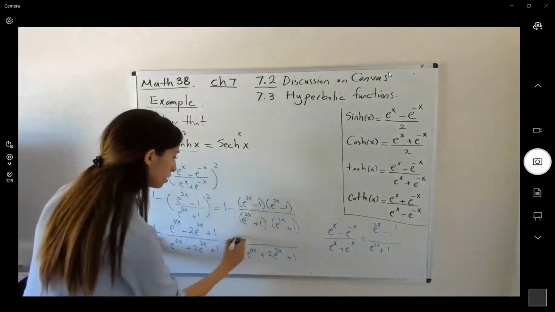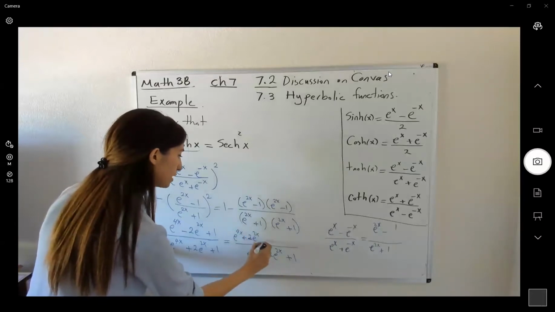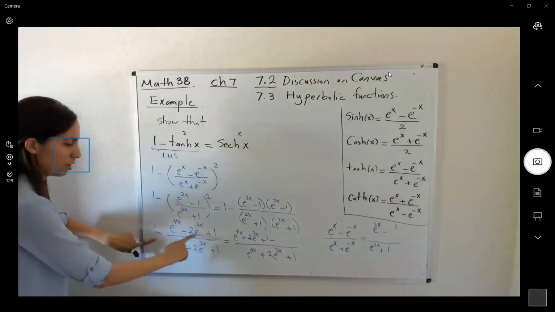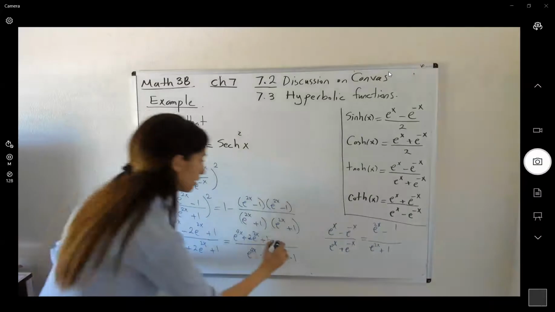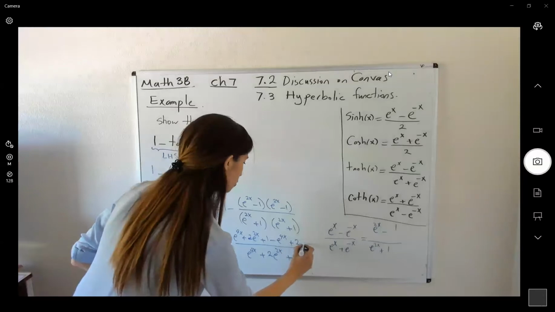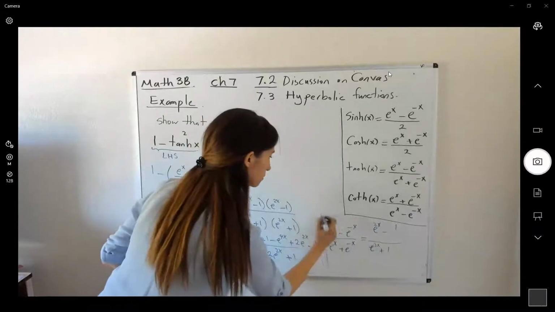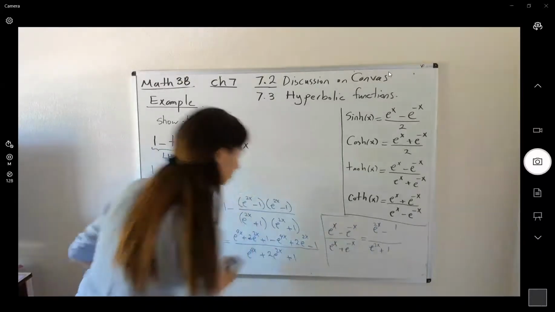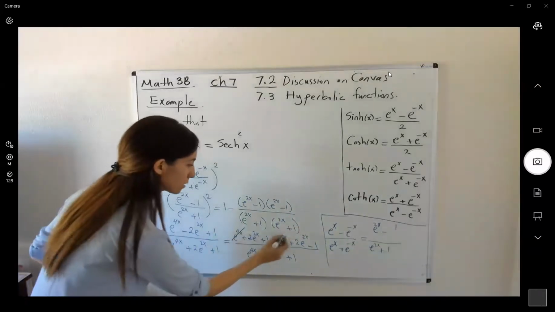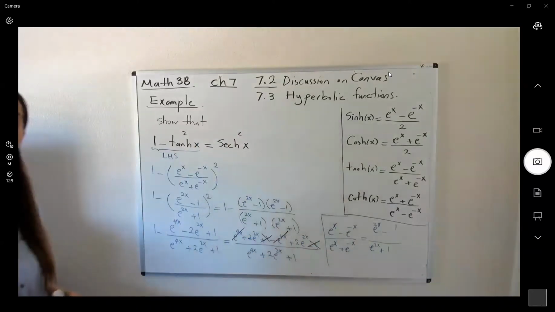And now I have e to 4x plus 2e to 2x plus 1 minus, now I have to distribute this negative sign for this expression here, minus e to 4x plus 2e to 2x minus 1. Well, let's simplify this. I can get rid of e to 4x, e to 4x. I can get rid of 1 and minus 1. They are opposite of each other.